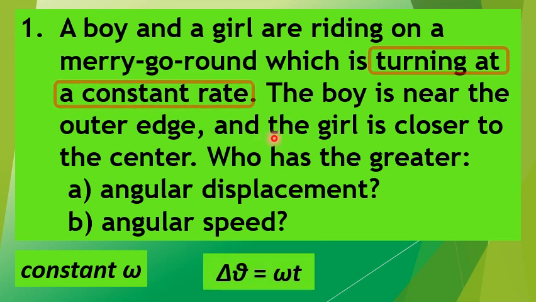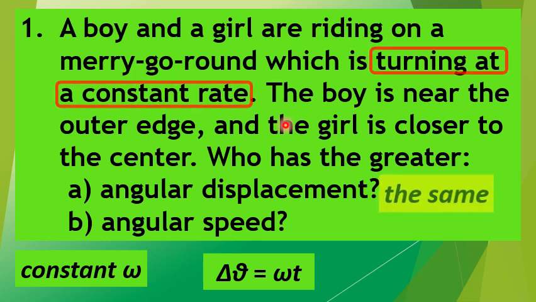Hence, we say that the angular displacement delta theta is the same at the outer edge and at a point closer to the center, regardless of their difference in the distance from the center.